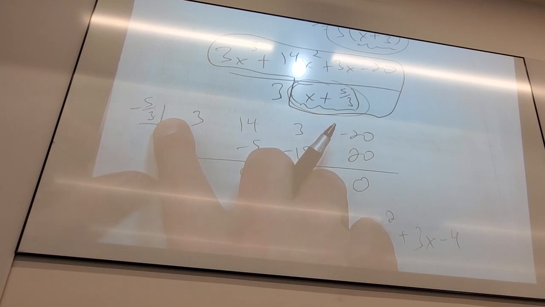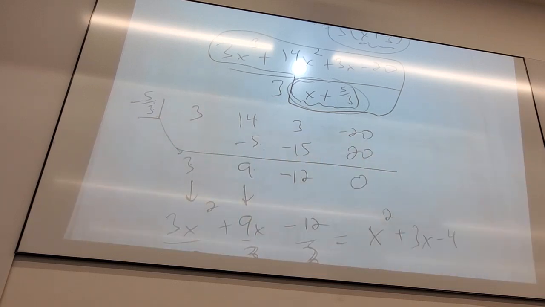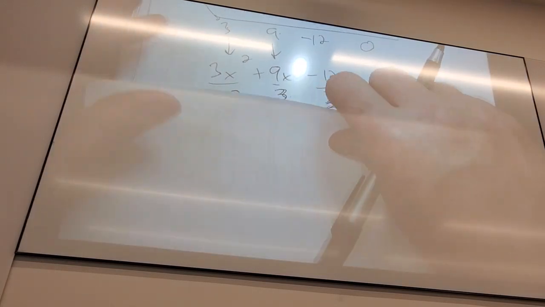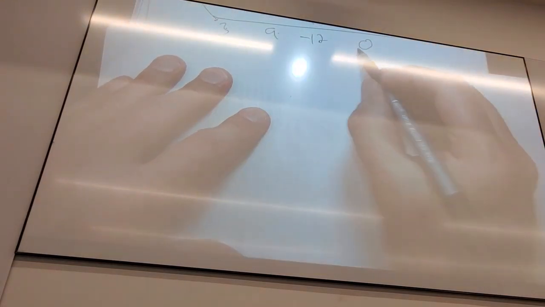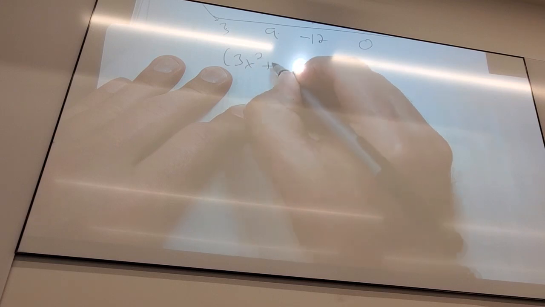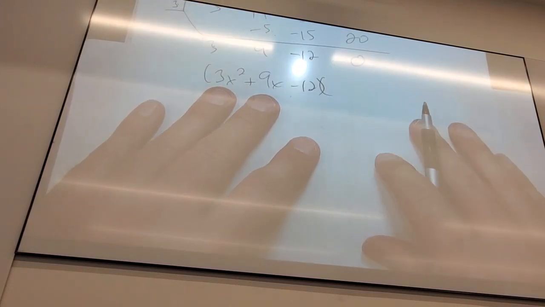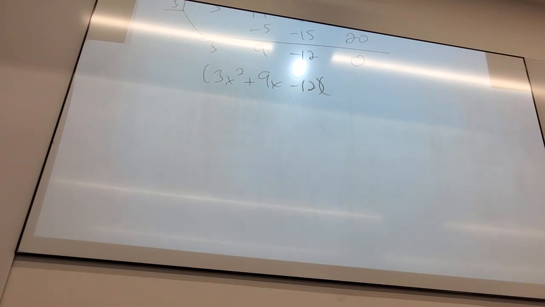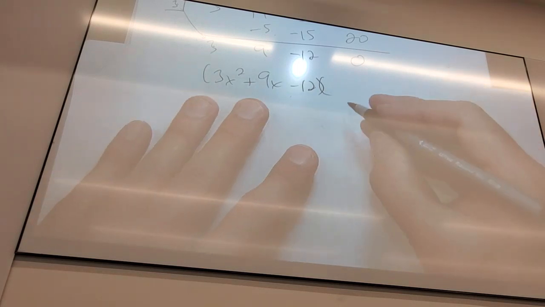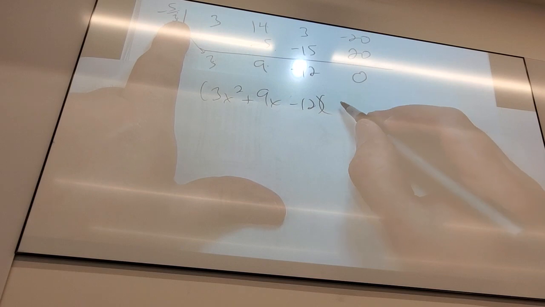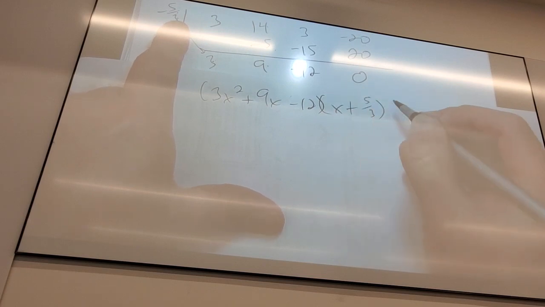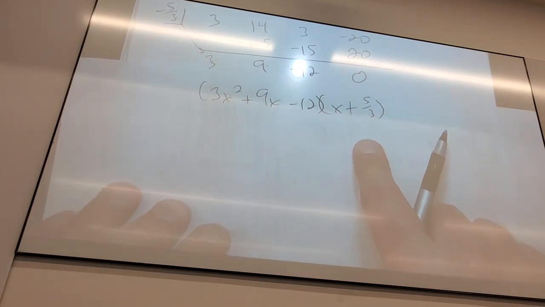Okay, I like it. Now real quick, just a side note here. When I did this, this was 3x squared plus 9x minus 12, right? Let me see. This is all side note. And I divided by 5, so this should be x plus 5/3, correct? I don't know if anybody out there is like, why didn't you write x plus 5/3, Jeff?